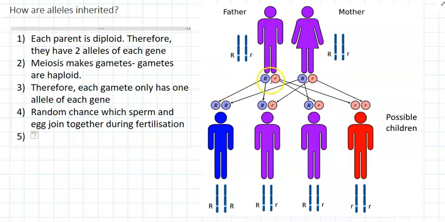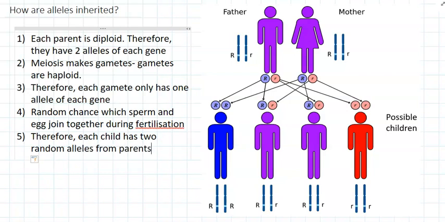So that means there's a random chance which alleles will be combined together into the children. And that's the final point. So therefore, each child that they have has 2 random alleles from the parents. So they're going to get 1 of the random ones from their father and 1 of the random ones from their mother. And it's completely down to chance.